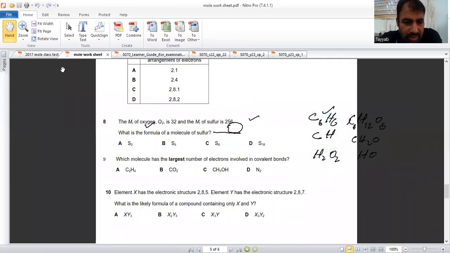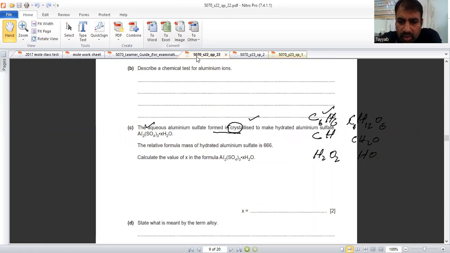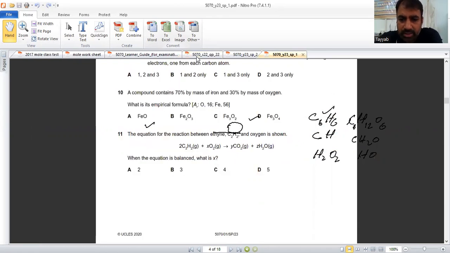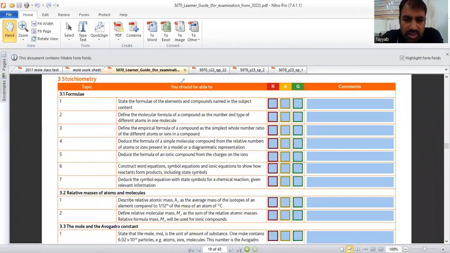If we see in this compound, yes, it is shown here in P1. If you see in this 10th MCQ, he is asking actually.